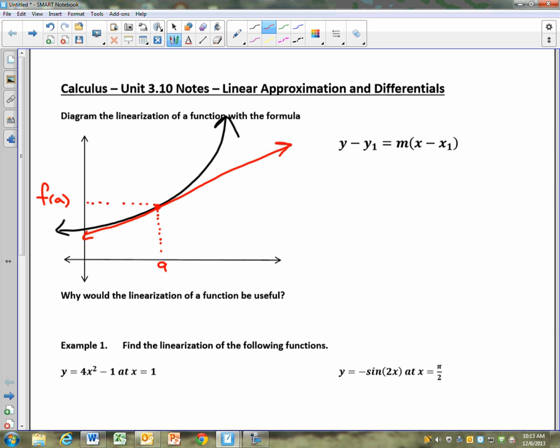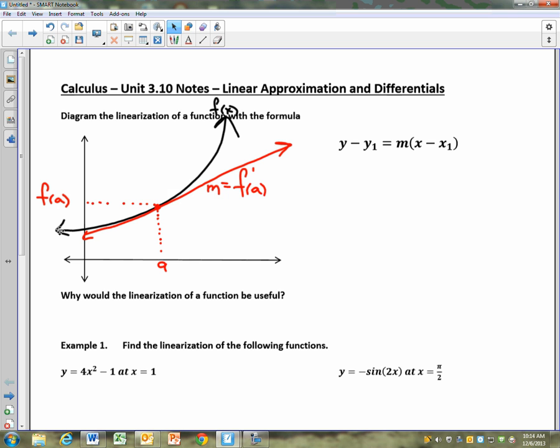F of A. What is the slope of the line? How do you find slope? You take the derivative, and then you evaluate it at the x value, which would be A.